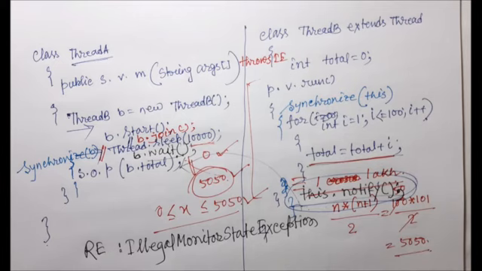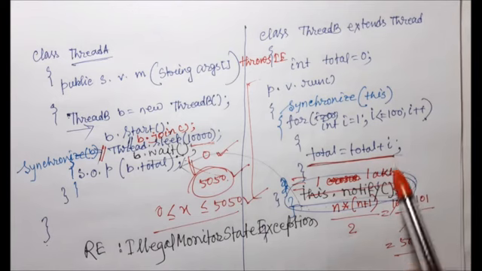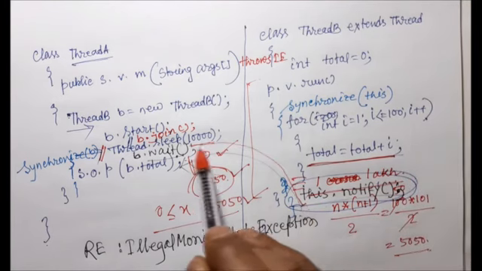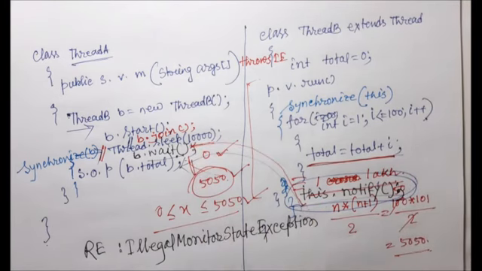There is no wasting of time, because whenever the complete calculation is completed, it will automatically notify this thread, and total will be printed. That is all about this example. We will see it in a coding example also.